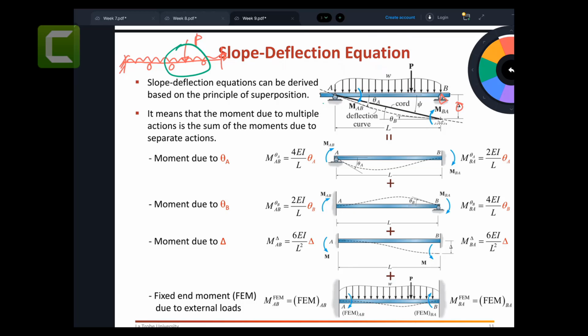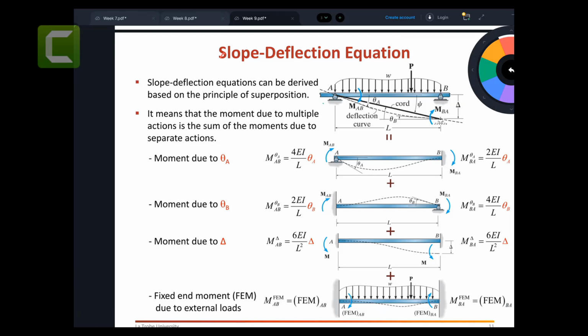So we need one slope deflection equation that will be useful to calculate the internal moments. And you remember that the slope deflection equation is the relationship between the internal moments and the slopes and displacements. That's the definition. Now we're going to use the superposition method to calculate those kinds of problems.